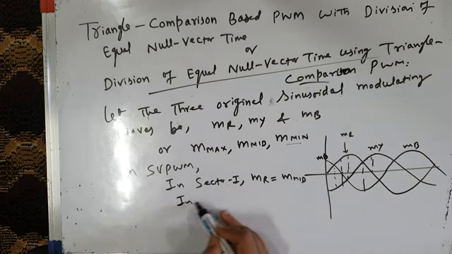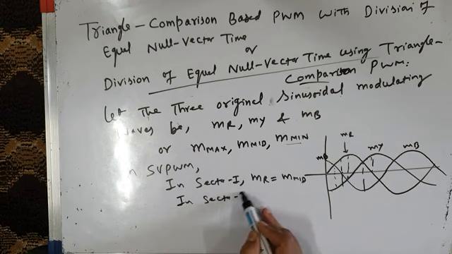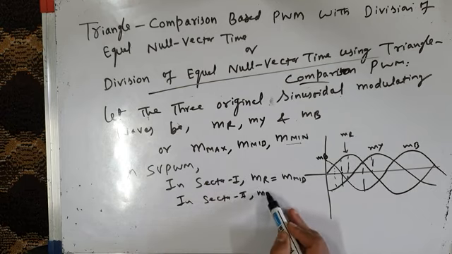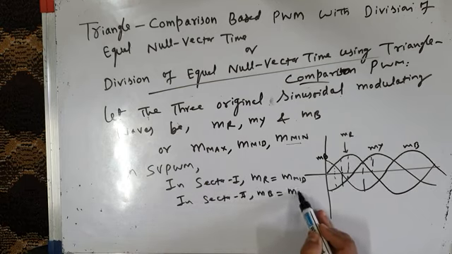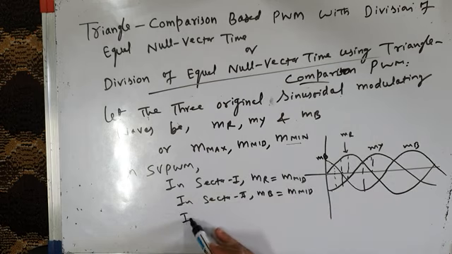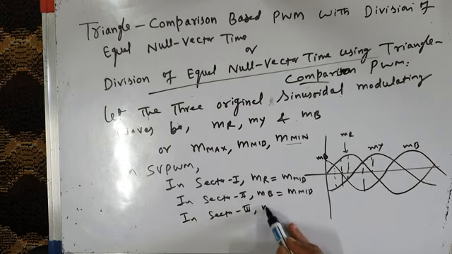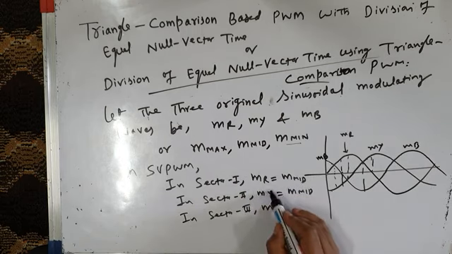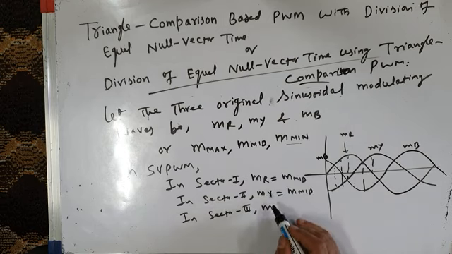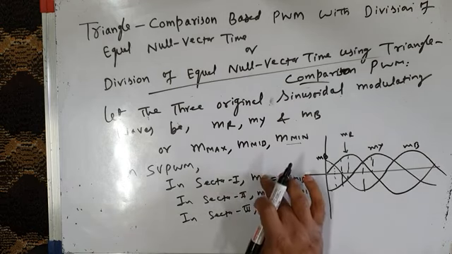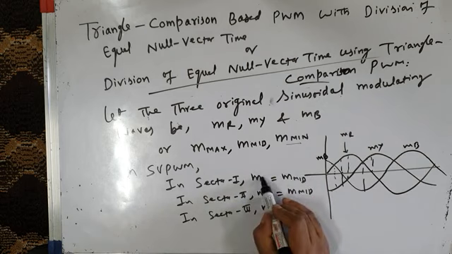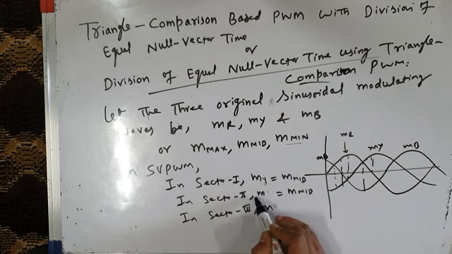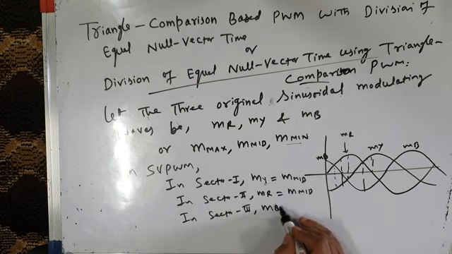In sector 2, M mid will be a different wave, MB is equal to M mid. And in sector 3, there is some mistake here. In sector 1, MY is equal to M mid. In sector 2, MR is equal to M mid. And in sector 3, MB is equal to M mid.